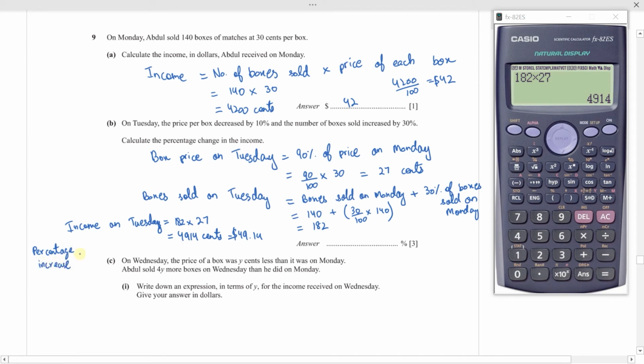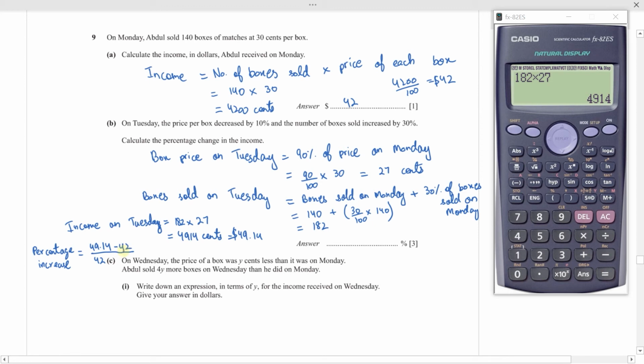So now to calculate the percentage increase, it will be the difference, which is 49.14 minus 42, which was the income on Monday, and then divided by the income on Monday, because we're trying to calculate the percentage increase from Monday, and our original income is on Monday.